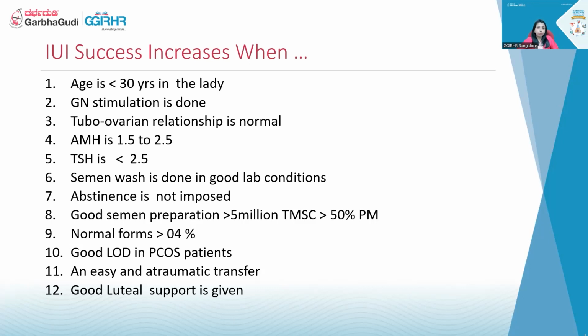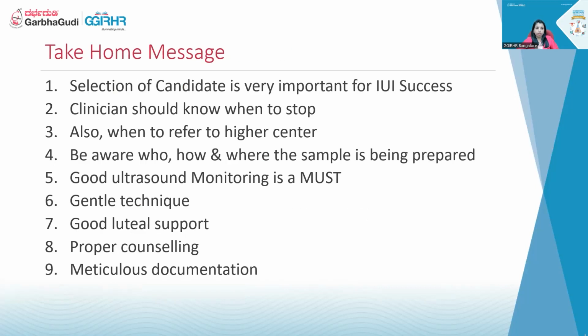And it is best not to impose any abstinence on the couple, which will decrease the DNA fragmentation index of the semen. The post-wash total motile sperm count should be more than 5 million, with normal morphology. Easy and atraumatic transfer soon after ovulation is ideal, along with good luteal phase support.